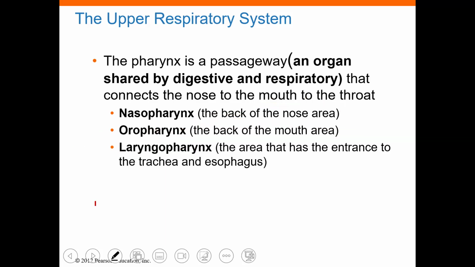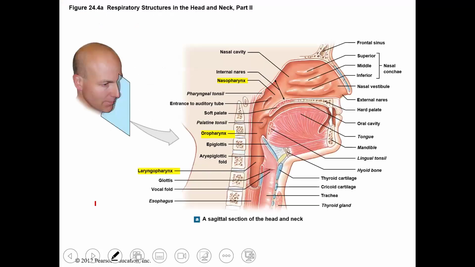So we see nasopharynx, back of the nose area, oropharynx, back of the mouth area, laryngopharynx, the area that has the entrance to the trachea and esophagus. So you can see it here. Nasopharynx, where the nose meets the throat, oropharynx, where the mouth meets the throat, and then the laryngopharynx, larynx territory.